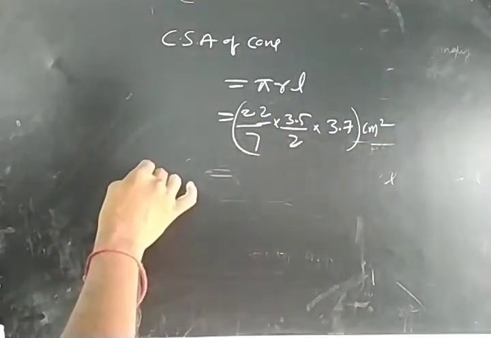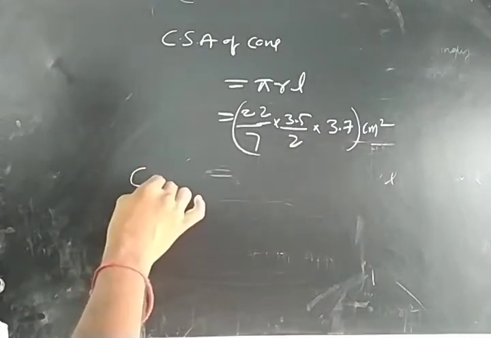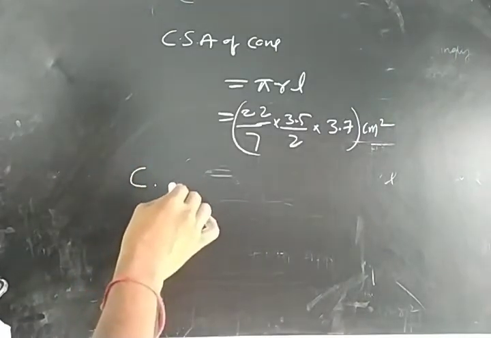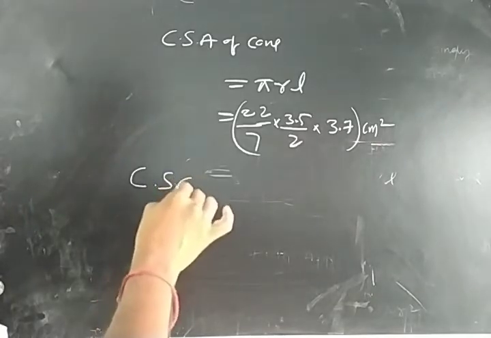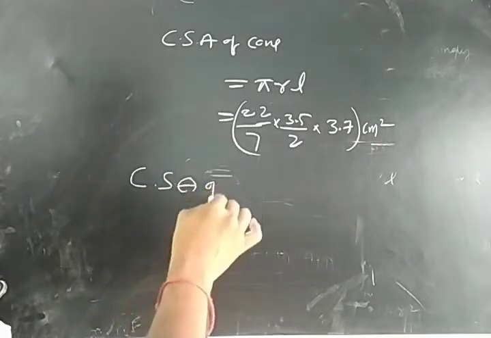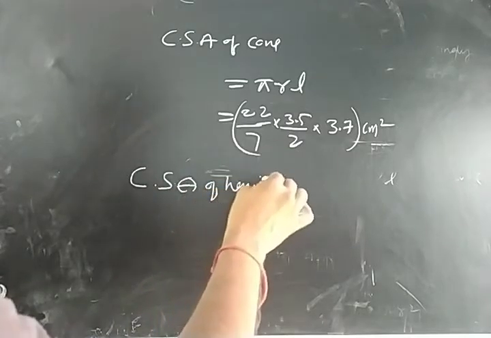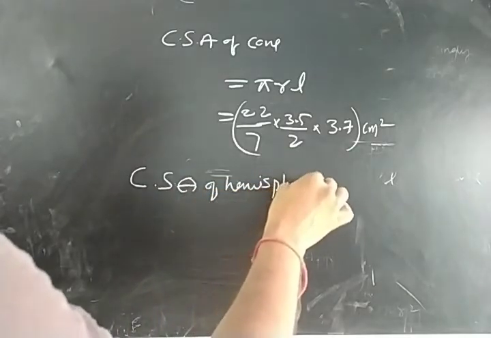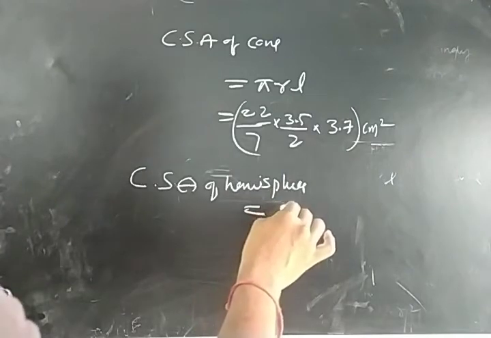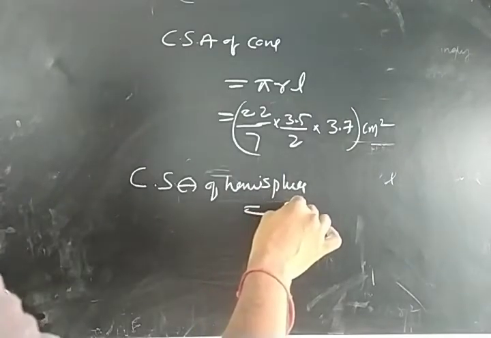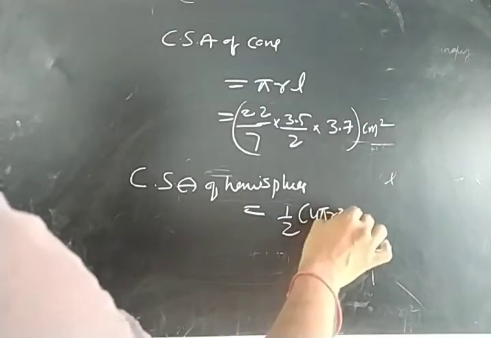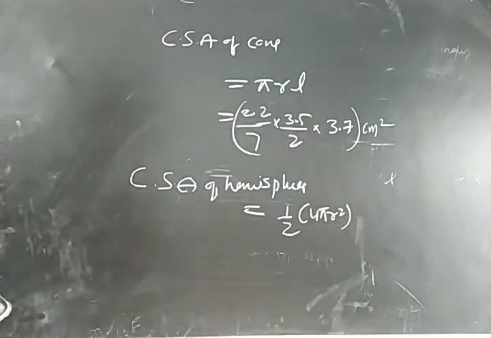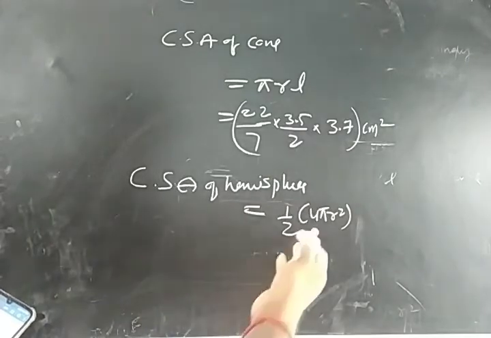Now the CSA of the hemisphere, curved surface area. What is the formula? Half of 4 pi r square, right? 4 pi r square is the sphere CSA. So we have a hemisphere, no?